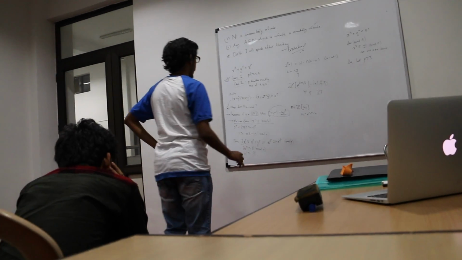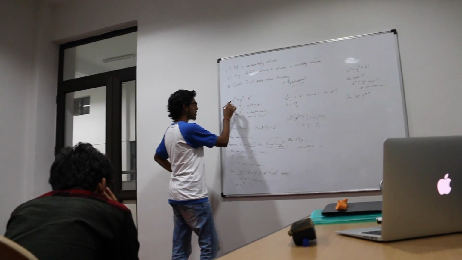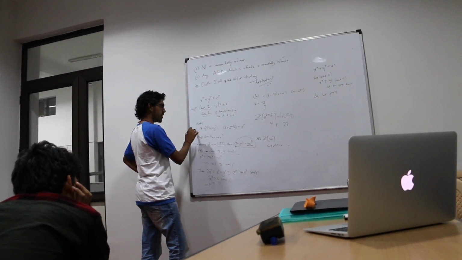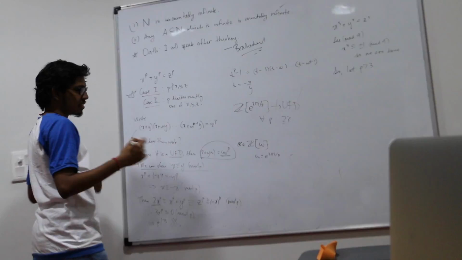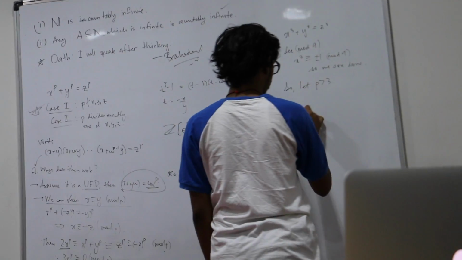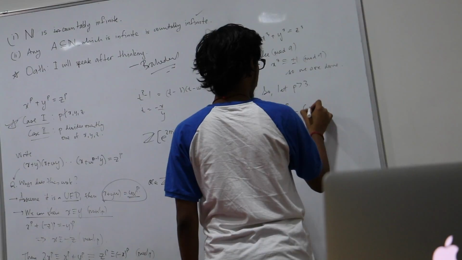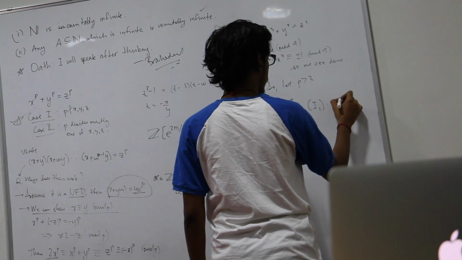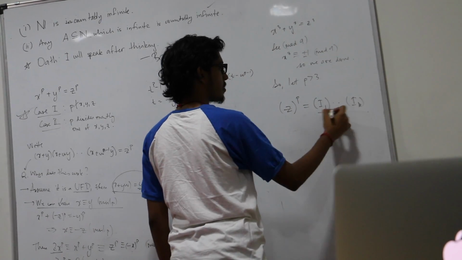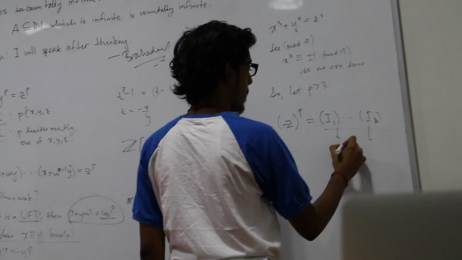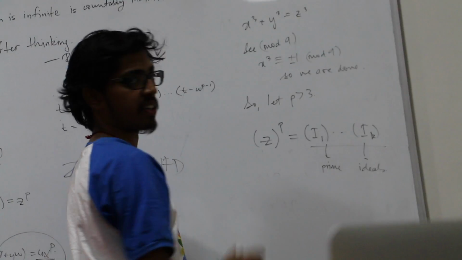But the fact is, and this is what I mentioned earlier, it's a marvelous fact that if instead of factorizing x^p plus y^p is equal to z^p in terms of numbers in Z[omega], let's try to factorize the ideal (z^p) in terms of ideals, let's say I1, I2, up to Ik, into prime ideals. This turns out to be unique. This is a unique factorization.